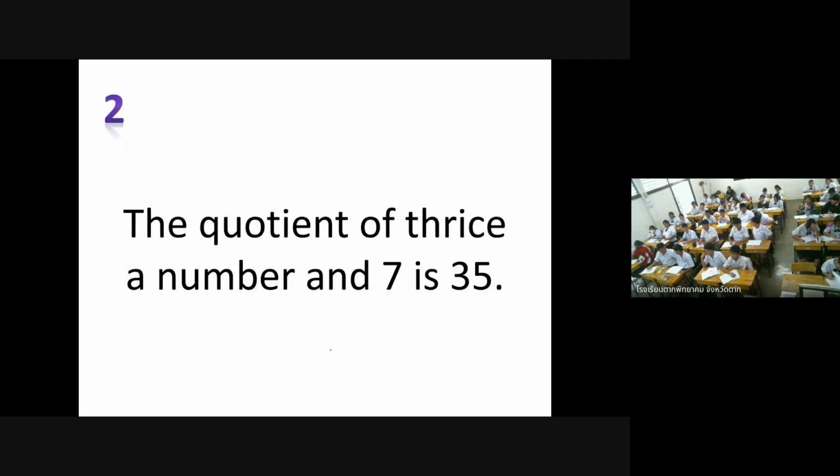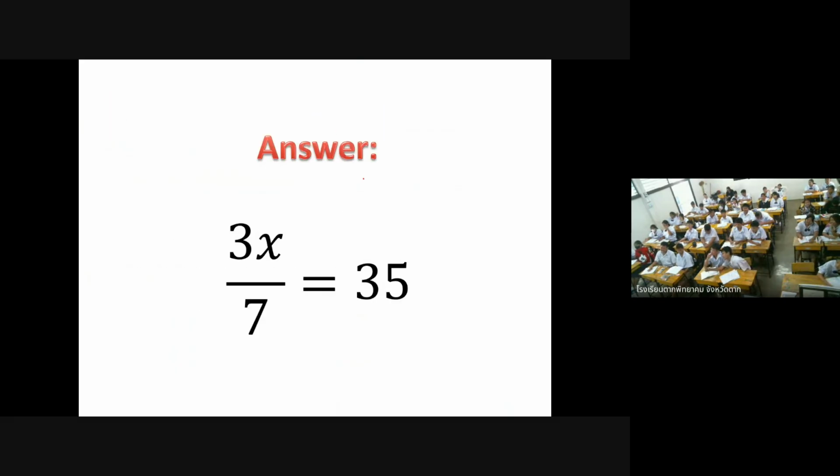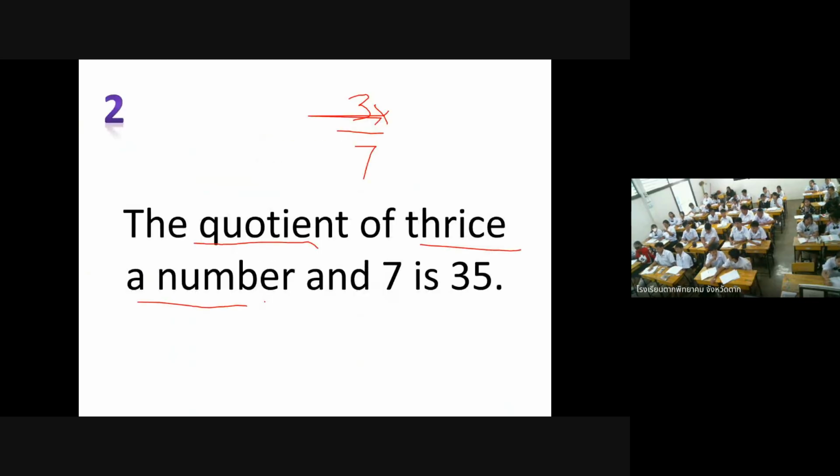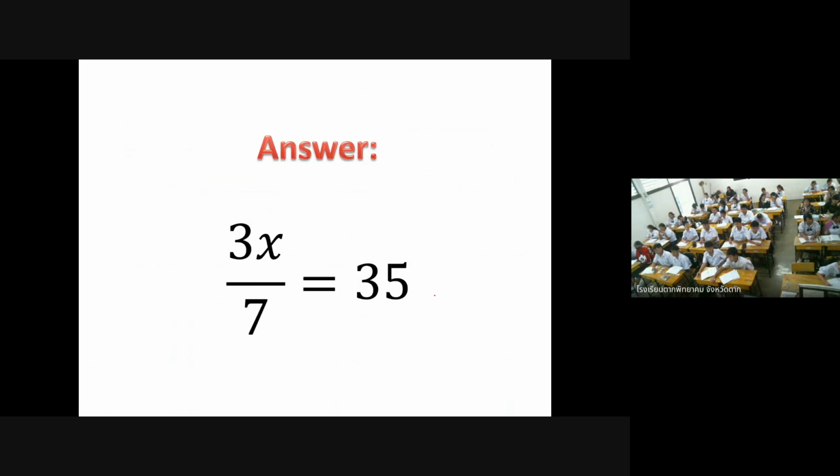Quotient means division. Thrice a number means 3x, and 7. So 3x over 7, and is means equals. Very good. So you have here 3x over 7 is equal to 35.